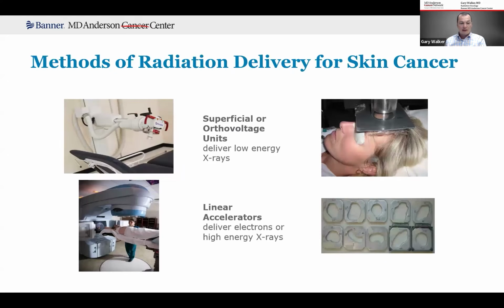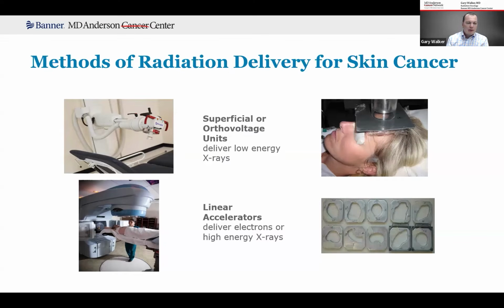There's various ways to deliver the radiation therapy, and we'll talk about several of those today. So the two most common types, one is external beam radiation, so radiation from the outside. That can either be done with one of these superficial X-ray machines, or more commonly with linear accelerators. So these are available throughout the country. They use electricity to generate the radiation.